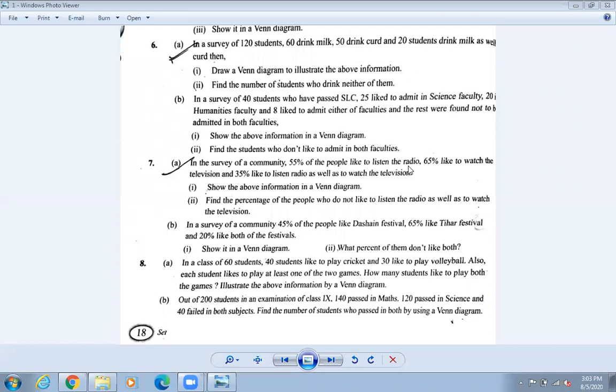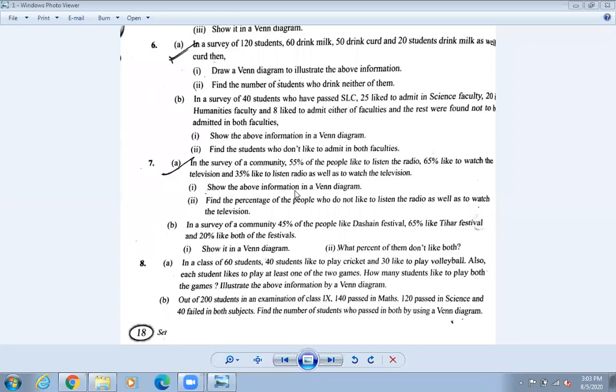That means n(R), radio. It does not start from A, it starts from R. 65% like to watch television, that means n(T). The first letter is written as the short form, otherwise we can call it the abbreviation also. So n(T) is given as 65%. And 35% listen to radio as well as television.